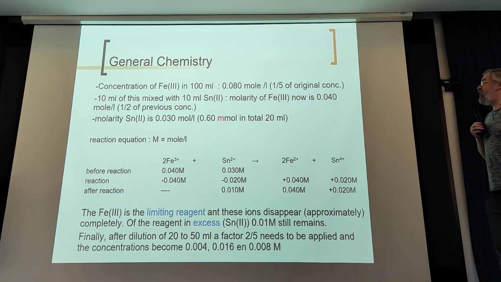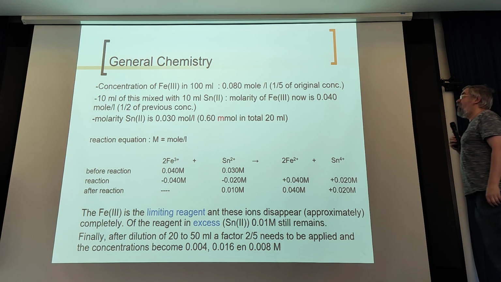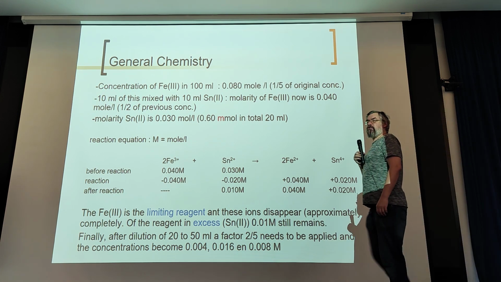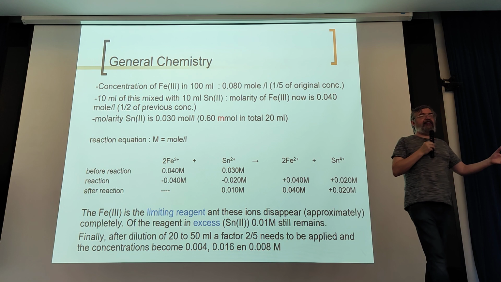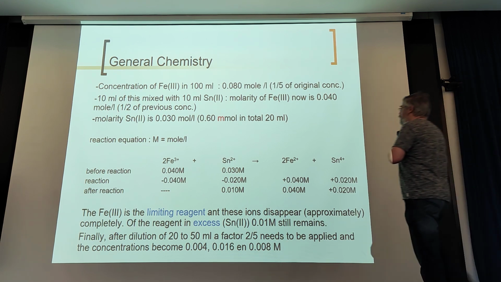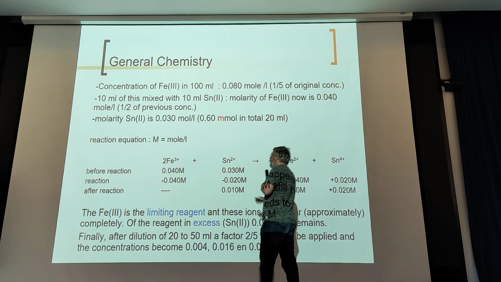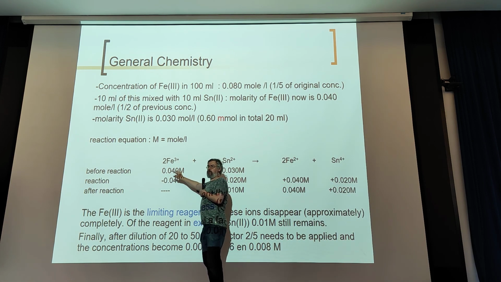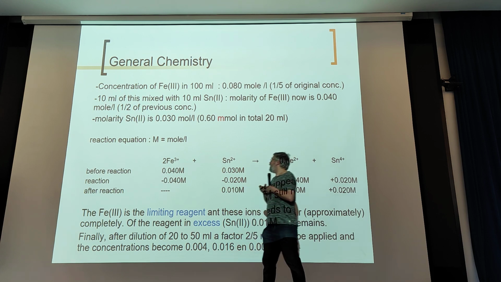We dilute to 1/5 of the original concentration. We take 10 milliliter out, mix it with 10 milliliter. So now we have half of the molarity because we dilute it with an equal volume. The tin also has to be divided by 2 because 10 milliliter became 20 milliliter. So these are the concentrations at the beginning of the reaction, 40 millimolar and 30 millimolar.